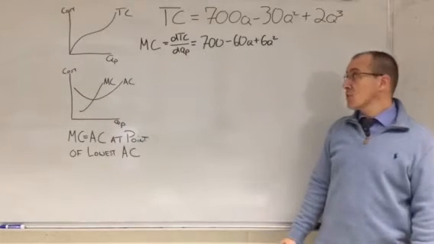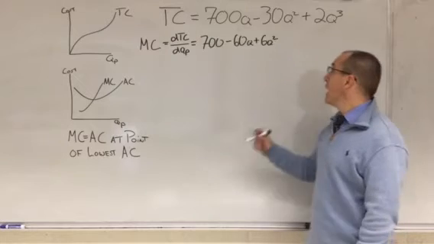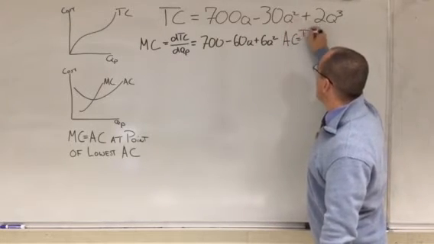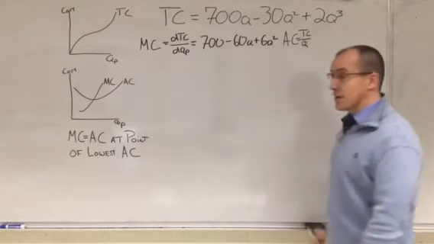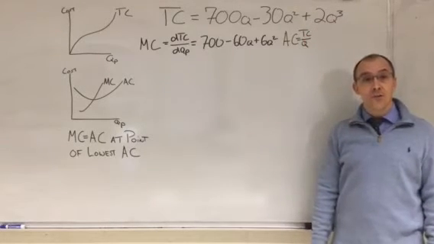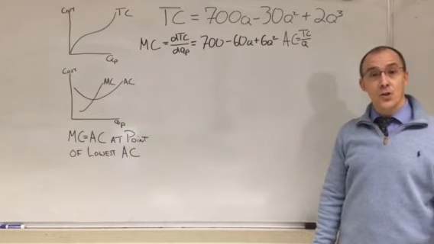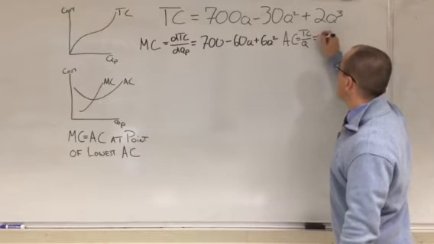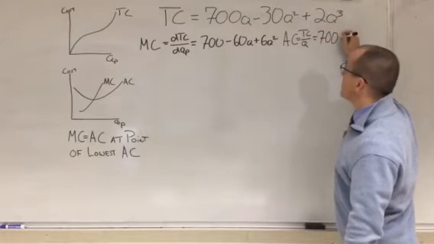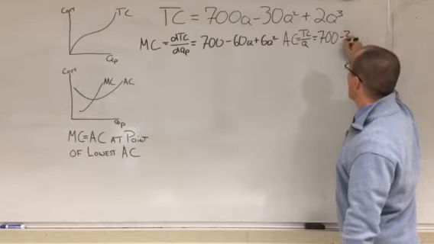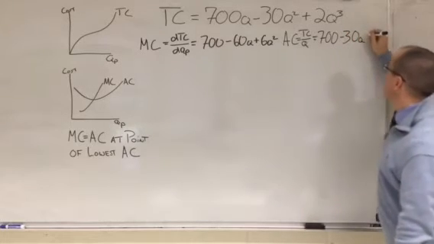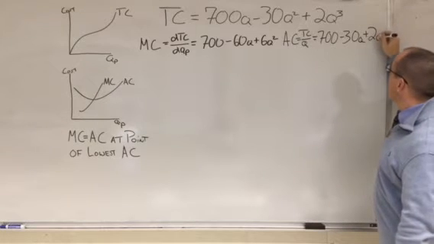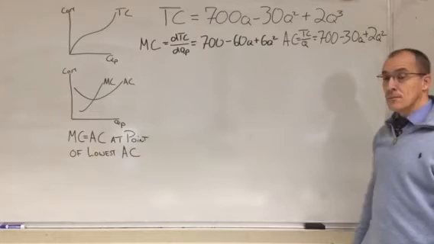The second curve I need to find is my average cost curve. My average cost curve is quite simply my total cost divided by my quantity. And for this, I'm going to use basic algebra to simply factor a q out of each piece of the equation, which will give me 700 minus 30q plus 2q squared.